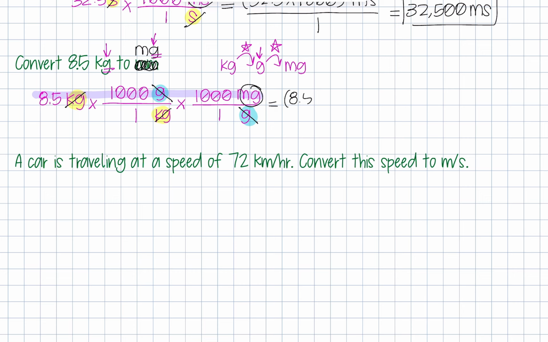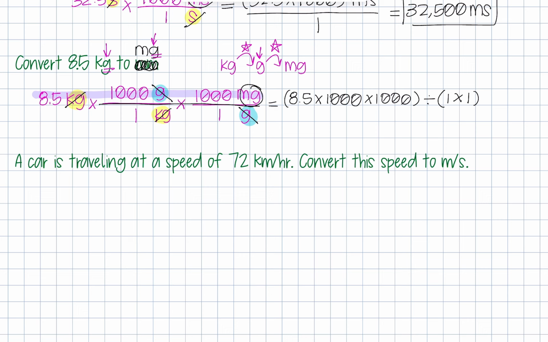So 8.5 times 1,000 times 1,000. Then divided by, to represent our horizontal line here, and then put a new set of parentheses and multiply everything on the bottom together. Again, in this situation, it's just 1 times 1.